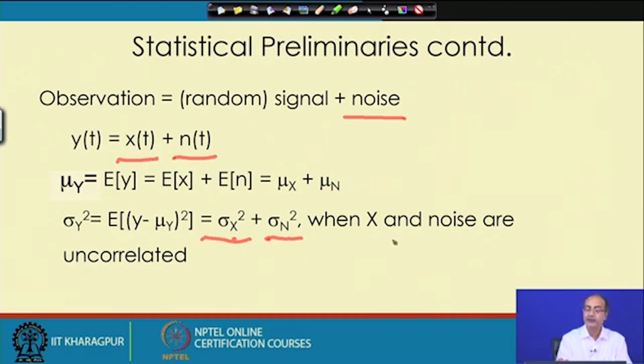However, there is an assumption here in both these cases that the signal of interest x and the noise should be uncorrelated. If they are not uncorrelated, this relationship will not hold true.